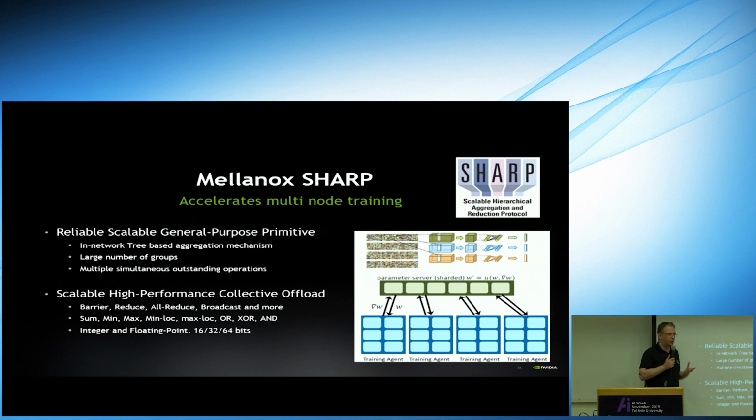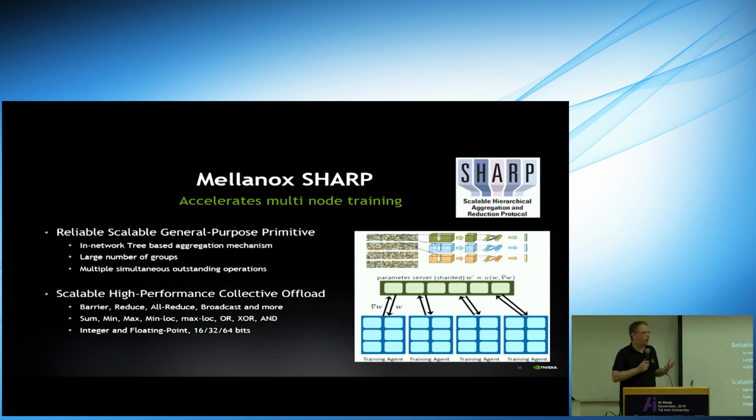Some of the most important ones are all of the collective communications, which is the ability to do the same thing that we do for multi-GPU, allowing Horovod and similar frameworks to actually make best use of all communications channels across the network, regardless of whether it's within the machine or between machines. And this is another fascinating topic in its own right, and we would be happy to discuss this offline.